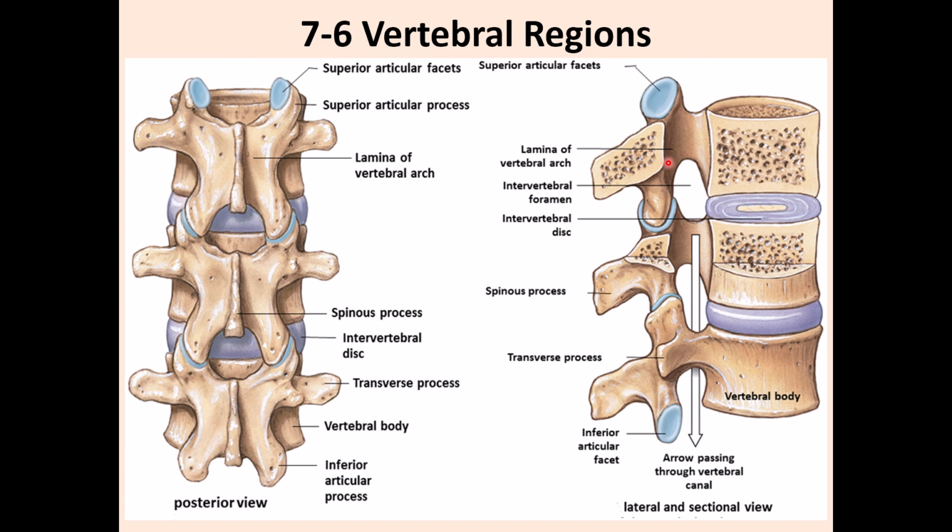Then you have multiple vertebrae. Each one has a vertebral foramen, and when you have many vertebral foramina together, that makes the vertebral canal, and the content of the vertebral canal is the spinal cord.